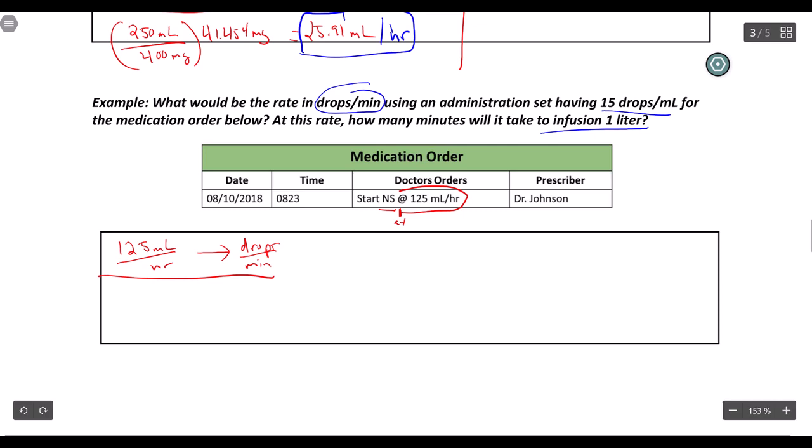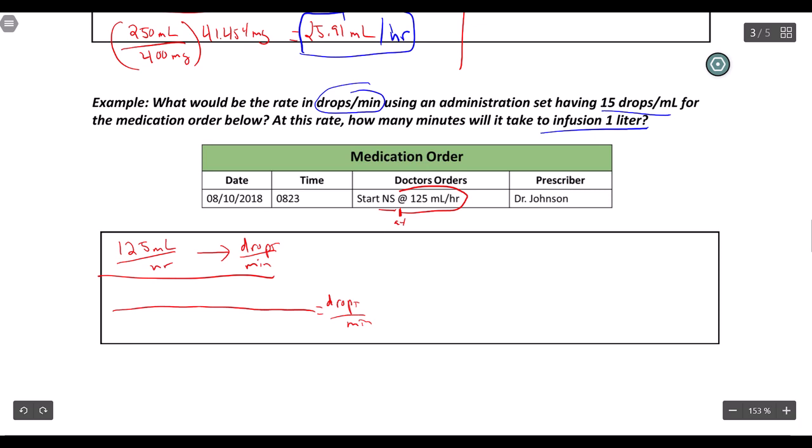That's really the first step that we can do. And then the second thing would be to convert our minutes to hours. So if we take what's given to us, if we did this by dimensional analysis, I eventually want to be over here with drops per minute, right, equals.